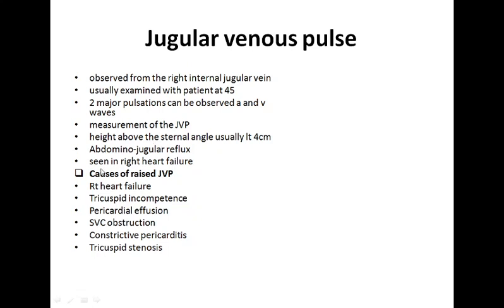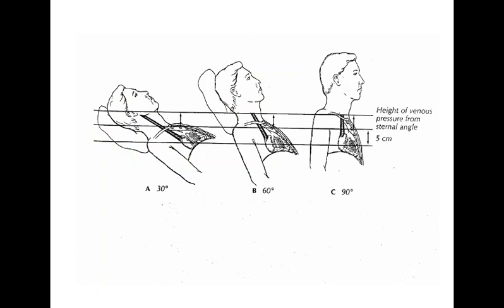What are the causes of raised jugular venous pulse? Right heart failure, tricuspid incompetence, pericardial effusion, superior vena cava obstruction, constrictive pericarditis, tricuspid stenosis. Remember, jugular venous pulse questions are very common MCQs in your exams.